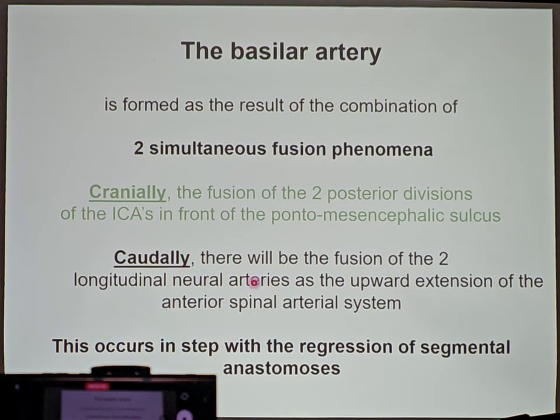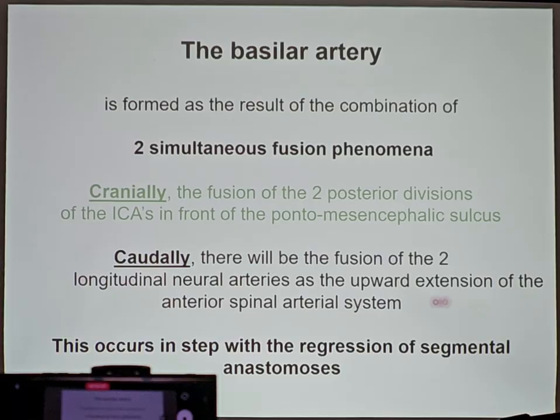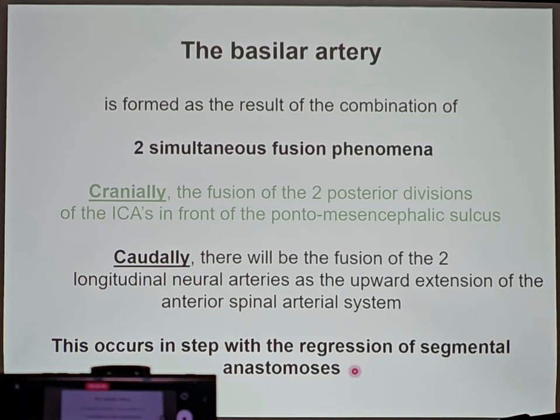Caudally, so further down, there will be fusion of the 2 longitudinal neural arteries that the insect showed you numerous times, which is in fact an upward extension of the anterospinal arterial system, and this again occurs in step with regression of the segmental anastomoses.